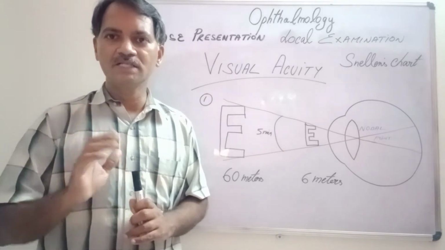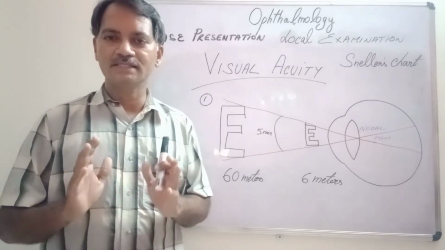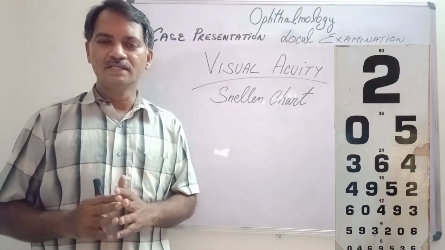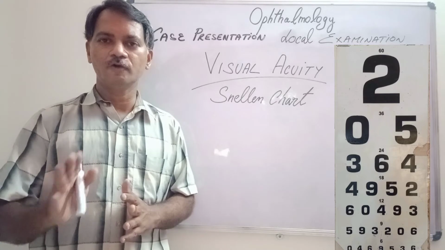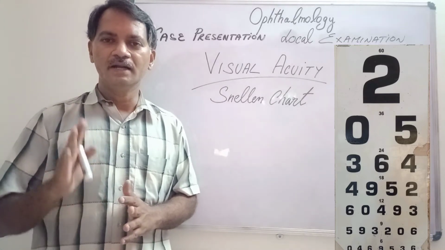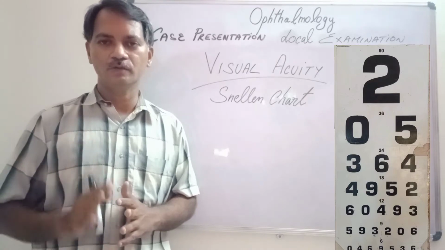So this is the principle based on which the Snellen's chart is designed. Snellen's chart is a chart designed for recording the distance vision or distant visual acuity.